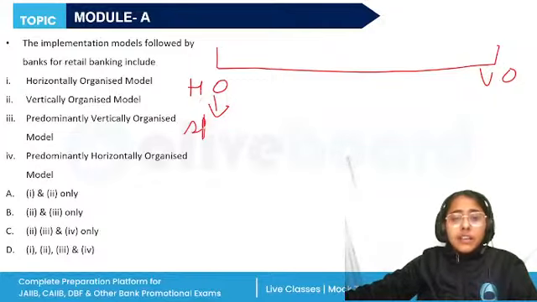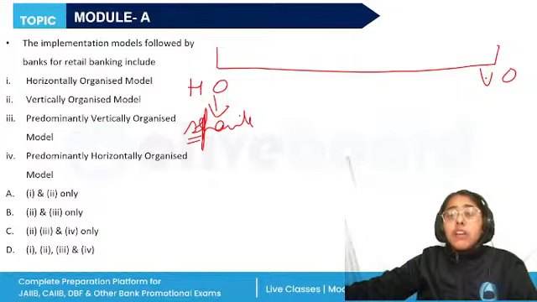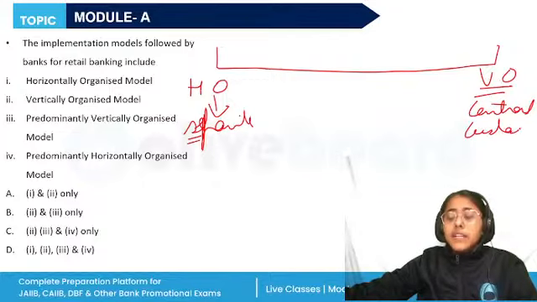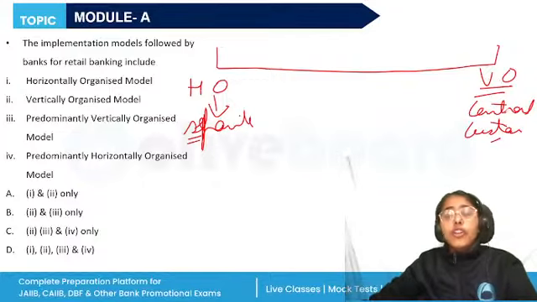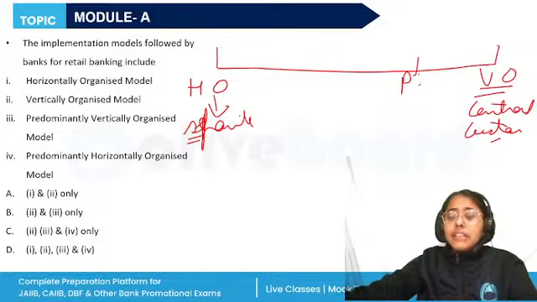A separate model is used for each of the products. Vertical, however, means where there is a centralized customer information database, and the customer information is shared among the different products. Then between the two extremes we have the predominantly vertically organized and the predominantly horizontally organized.